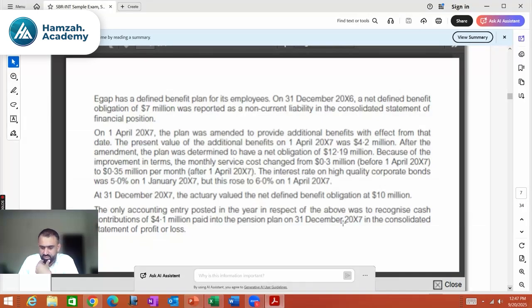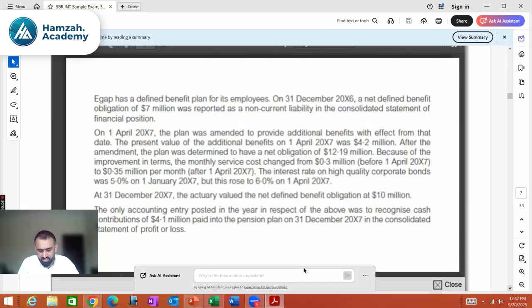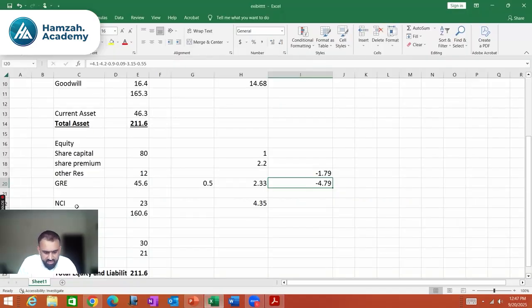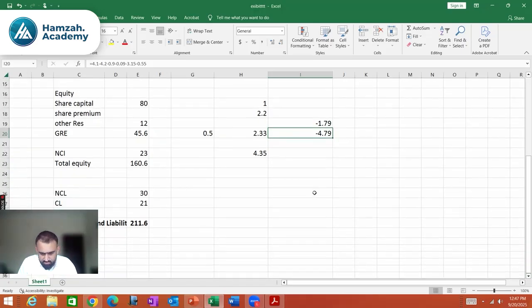The value of the closing liability is 10 million. And at 31st December 20X6, the value of the liability recorded was 7 million. So at the year end, it is 10 million. So there is an increase of liability, which equals 3 million.